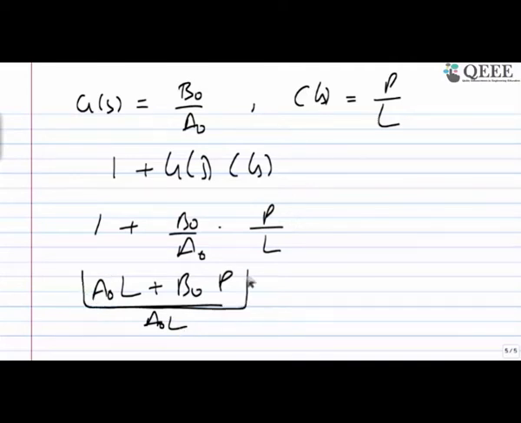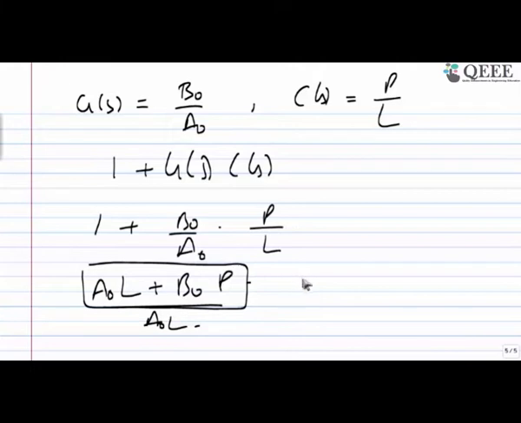And this is called the characteristic equation, and basically this is a polynomial. Do you see the difference between a polynomial and a transfer function? A transfer function is a ratio of two polynomials. Here I have one polynomial, here I have another polynomial, and this polynomial is the denominator of those transfer functions.